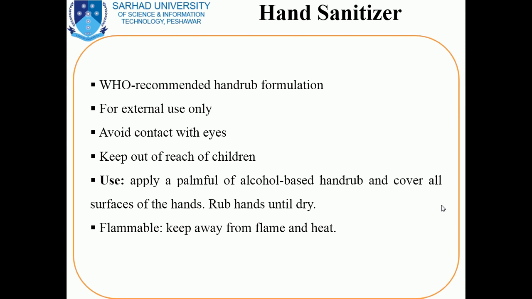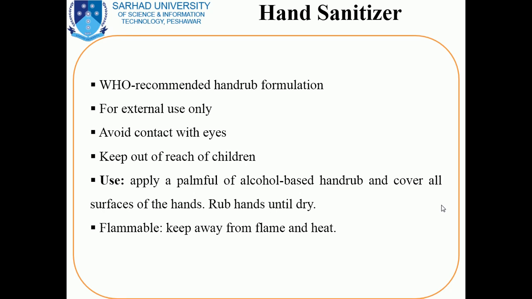This information should also be on the label, as well as the usage: apply a palmful of alcohol based hand rub and cover all surfaces of the hand. Rub hands until dry.